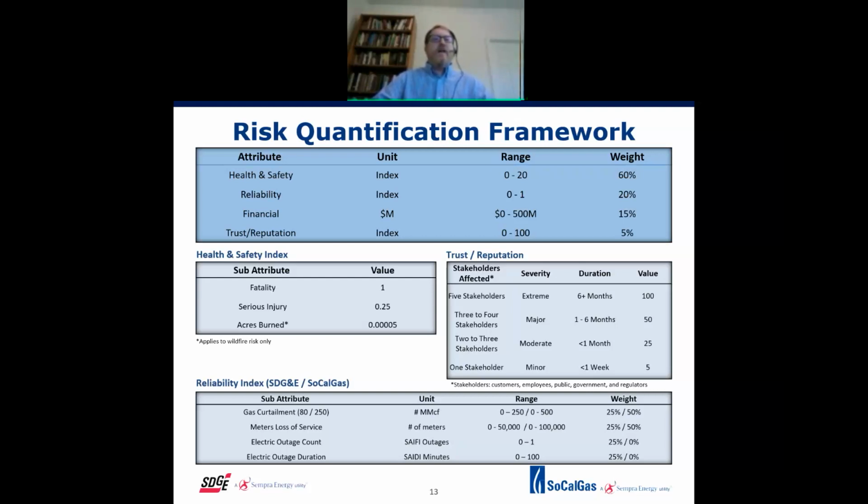There are a lot of things that are not captured by safety, reliability, and financial alone. And we thought this was one way to incorporate those concepts at a 5% weighting into the mix. Some of the history is we were asked to consider the types of attributes that the company thinks about when we make decisions. And we certainly think about how our relationships are with stakeholders. So we've sort of been asked to include those things.